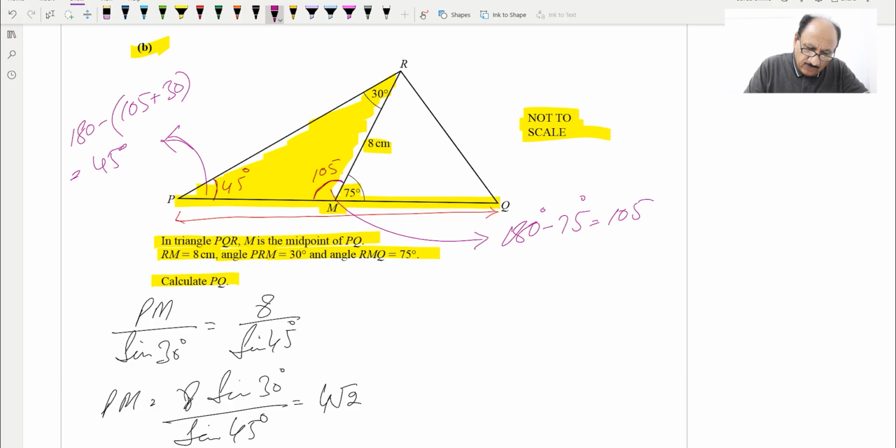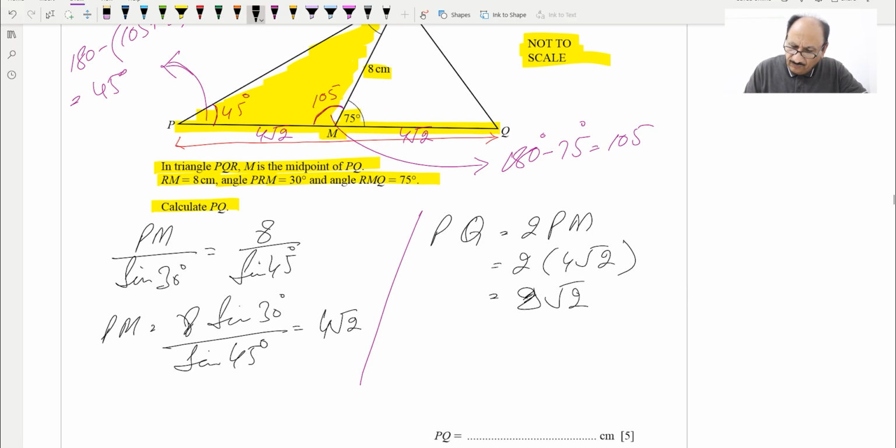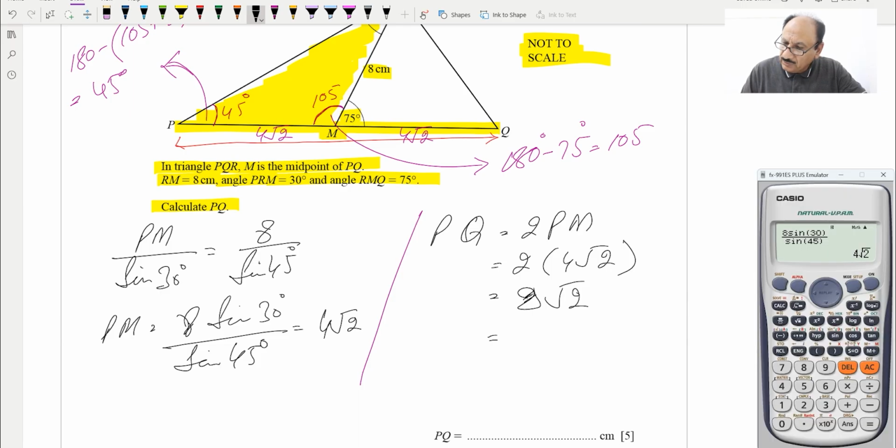Now we got this value 4 under root 2, and this is also 4 under root 2 because these two are equal in size. Now we need to find PQ, which is equal to 2 of PM, which is 2 into 4 root 2, which is equal to 8 root 2. Simplifying, the decimal value will be 11.31.